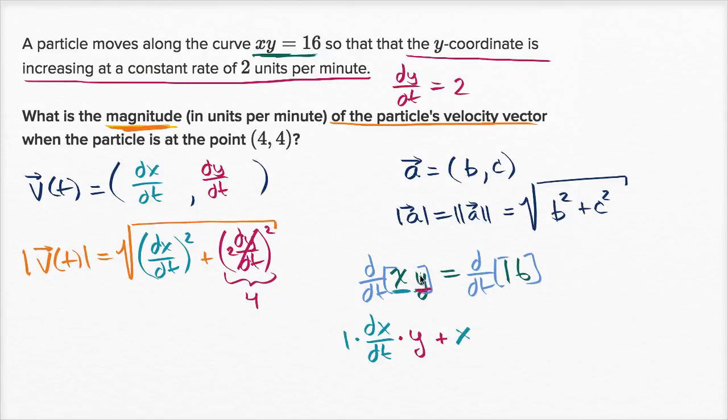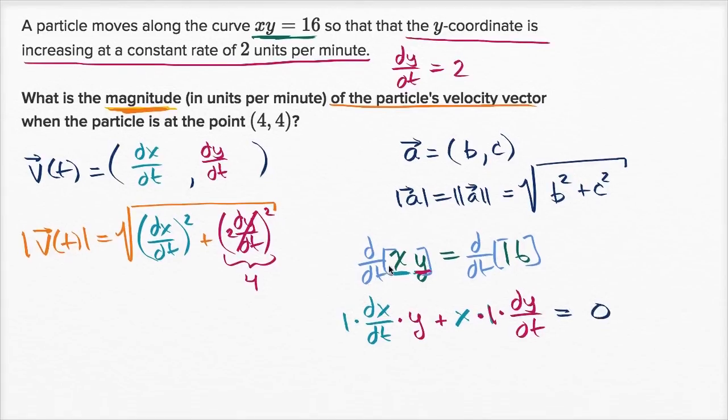The derivative of y with respect to y is 1, and the derivative of y with respect to t is dy/dt. And that is going to be equal to the derivative of a constant, which is just 0.